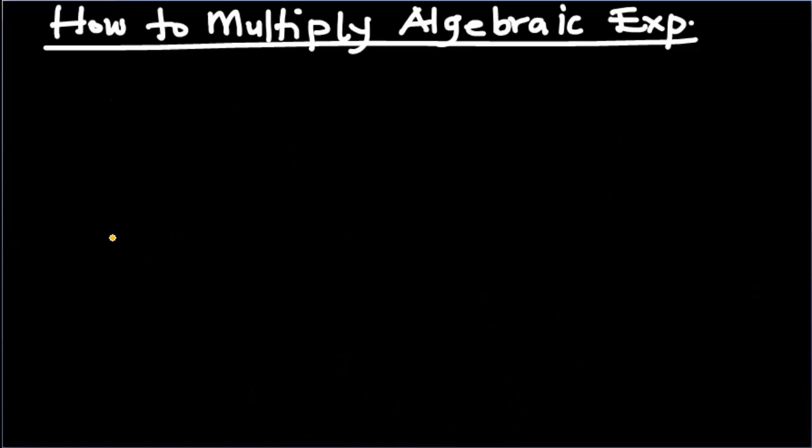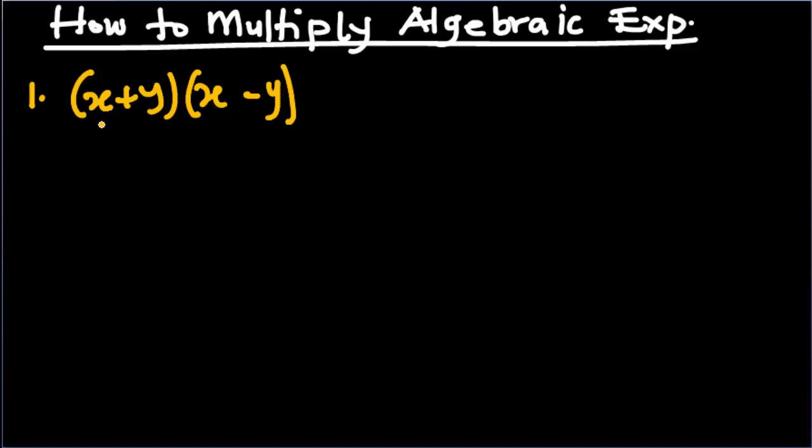Sometimes certain types of products occur frequently that you need to memorize them. Okay, so let's look at them one by one. We have the first one. We have two binomials that are equal, but what differs is the sign, that is x plus y multiplied by x minus y.